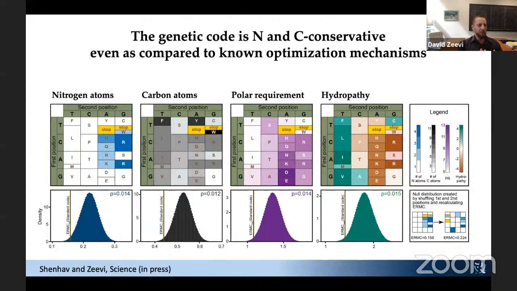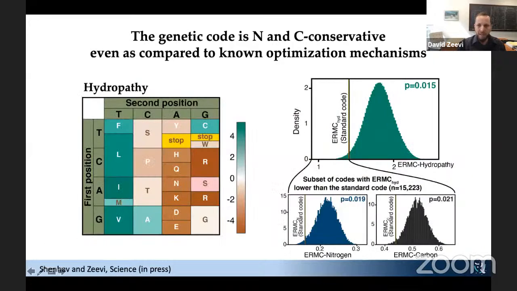So we looked at a bunch of random genetic codes that were better than the standard code in maintaining hydropathy. If there was a big overlap between hydropathy and, for example, nitrogen or carbon, we would expect that these genetic codes that are better than the standard genetic code in terms of hydropathy would also be better in terms of nitrogen or carbon. But this is not the case.